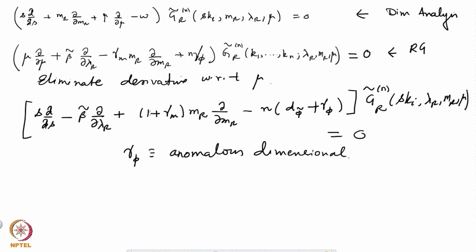And that is what this 1 is. So if gamma m is 0, it is just 1 here, so mr del over del mr. But if you need renormalization, then gamma m is non-zero, and this mr changes by mr gamma m. And here you have similarly minus n times d phi tilde plus gamma phi.